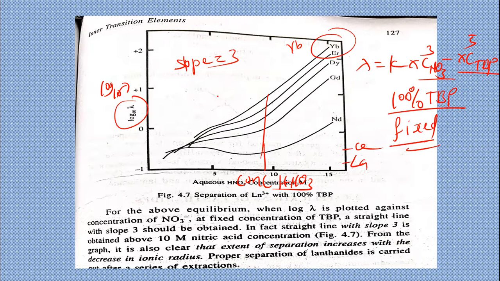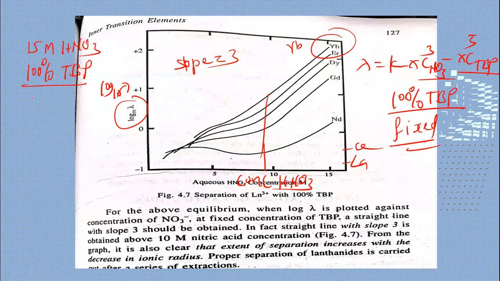We have to take nitric acid solution of the lanthanum ion, around 15 molar nitric acid solution, and 100% TBP, tributyl phosphate, is used here. It means the concentration of the TBP is constant.